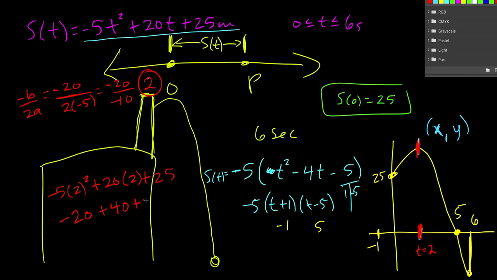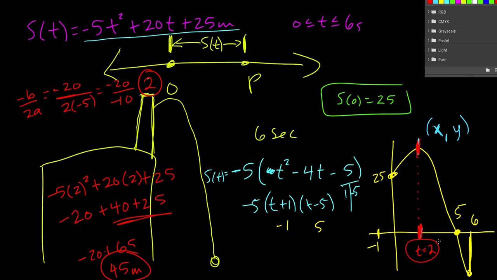We still have our 25. Add these together, we get 45. So that tells us that we're 45 meters above ground level. Okay. So the distance from here to here is 45 meters. And that happened at 2 seconds.